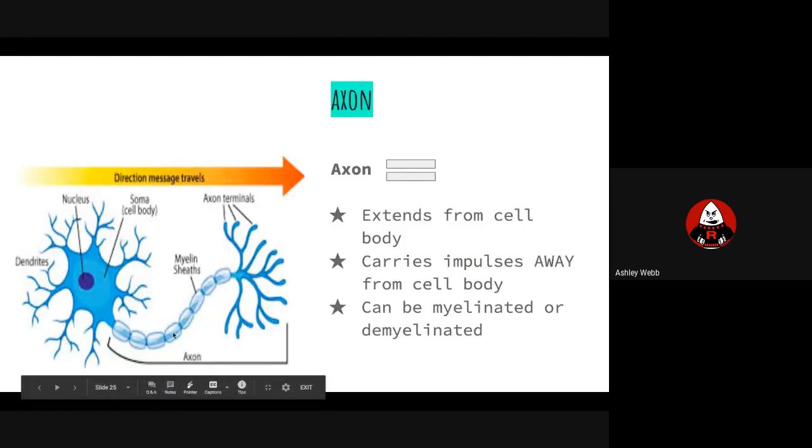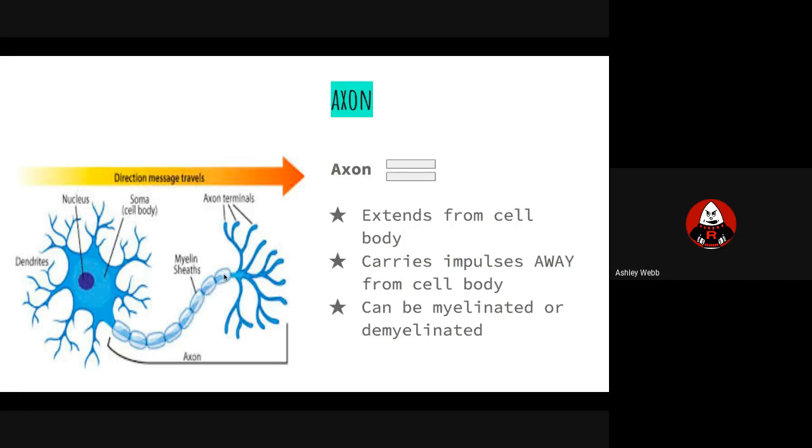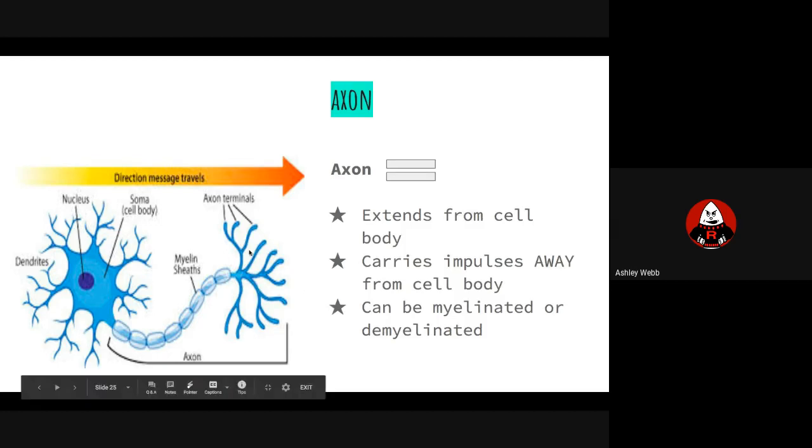Then this kind of tail here is the axon. It extends from the cell body, and that's how it carries those impulses away from the cell body. It carries them out to these ends here. That is still an axon. It's just divided out to where it ends.